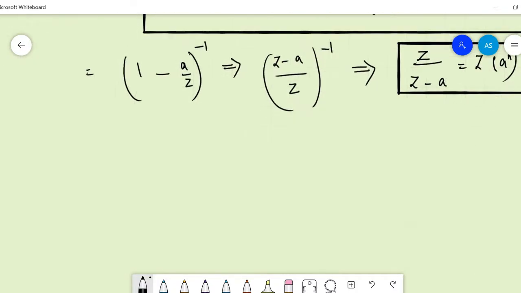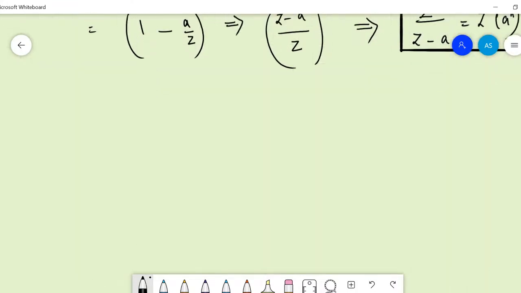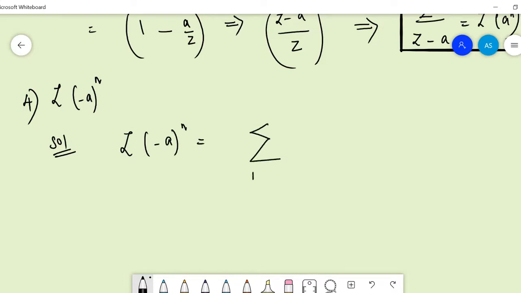In the same way, we can find the Z transform of minus a power n. So Z transform of minus a power n equals summation n equals 0 to infinity minus a power n, as per formula, 1 by z whole power n.